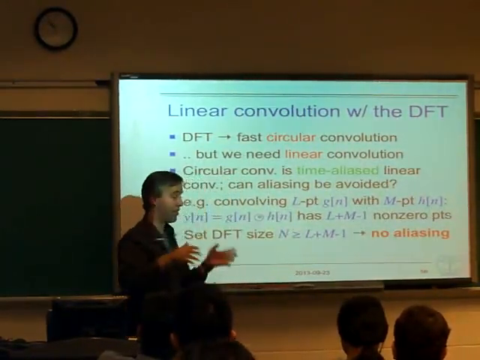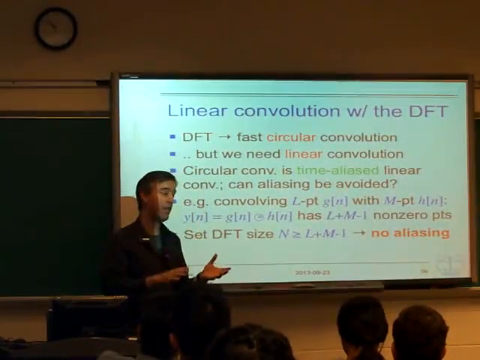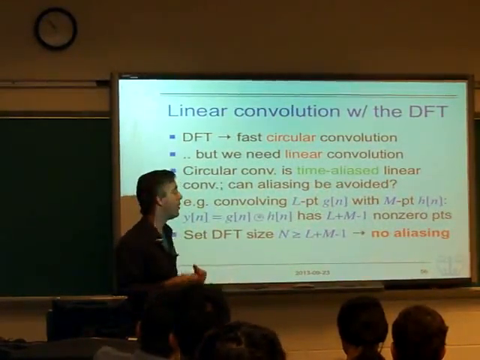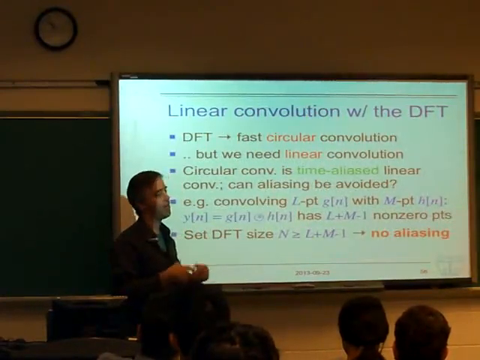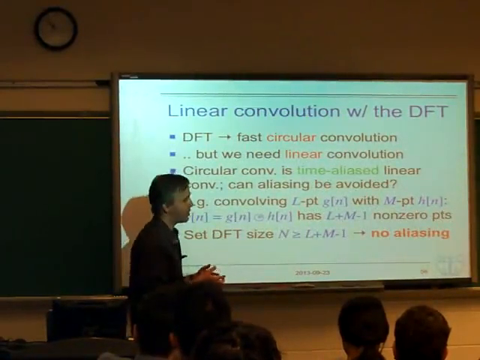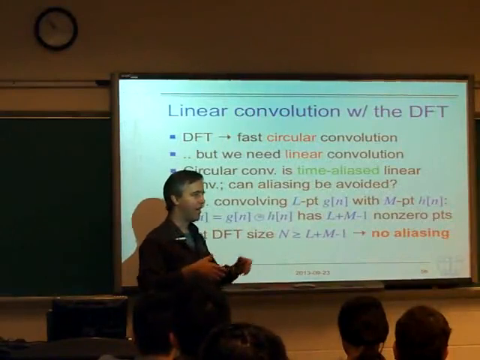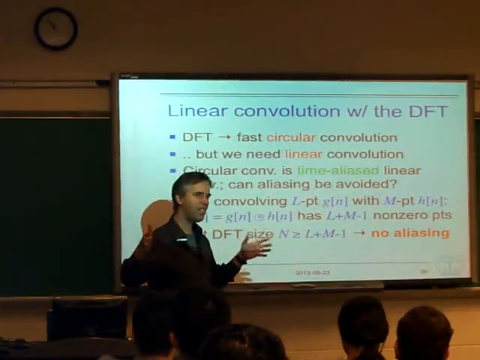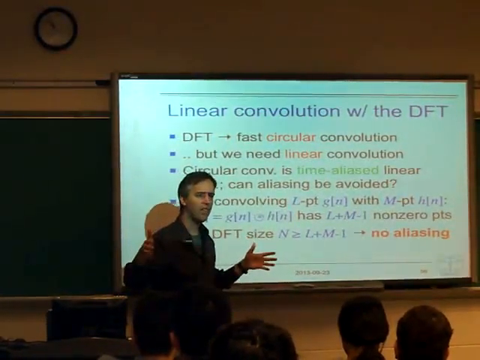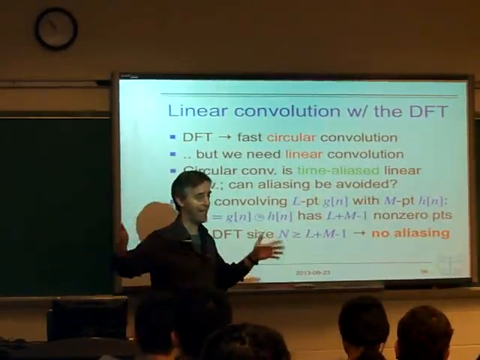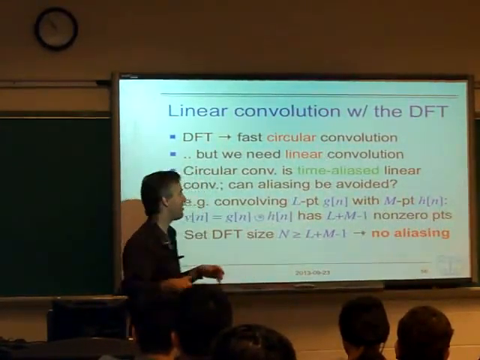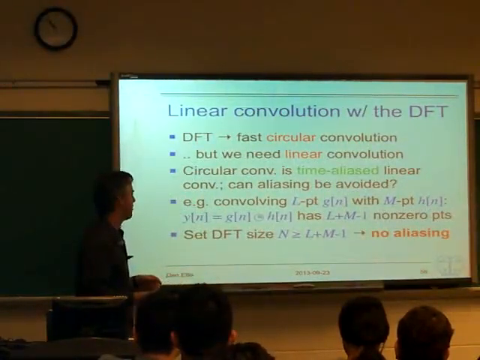So the trick is simply to make sure that the part that gets folded back is always 0. And we can do that by adding zeros to one or both of our input sequences, or equivalently by using a DFT which is longer than the sequence, which is the same as saying, well, we're just going to add zeros to make it a longer sequence that happens to have a lot of zeros at the end, and using a DFT of that.